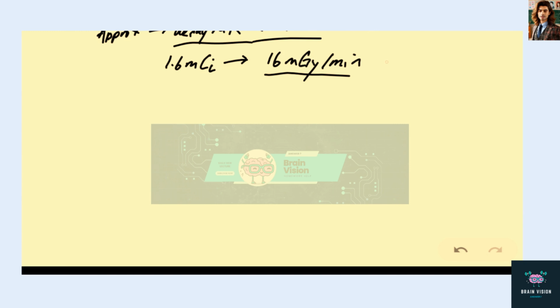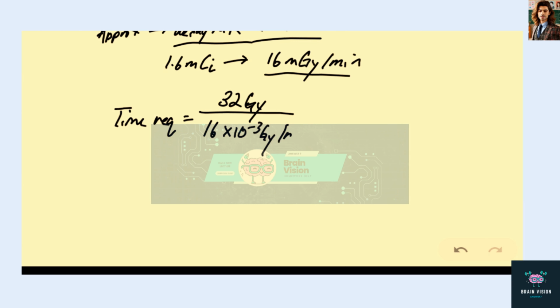We have this amount of dose rate, so the time required will be the total dose required, which is 32 grays, divided by the dose rate, so that's 16 times 10 to the power minus 3 grays per minute.